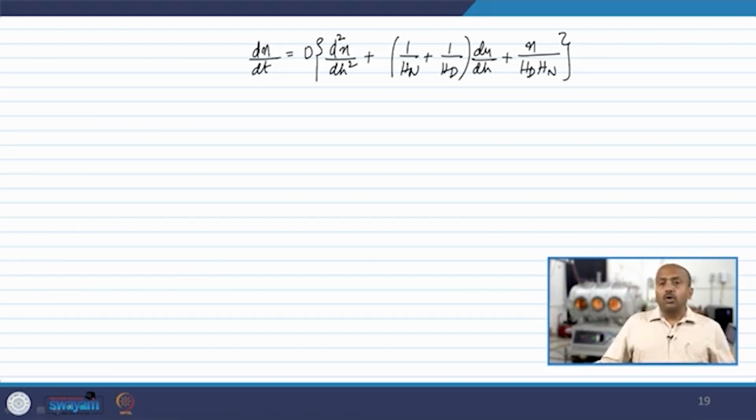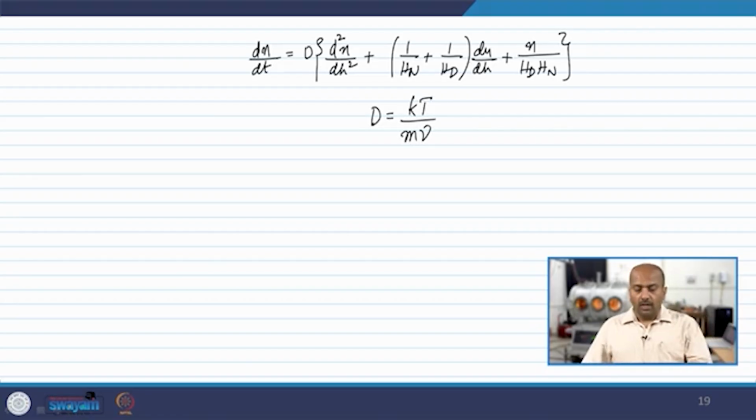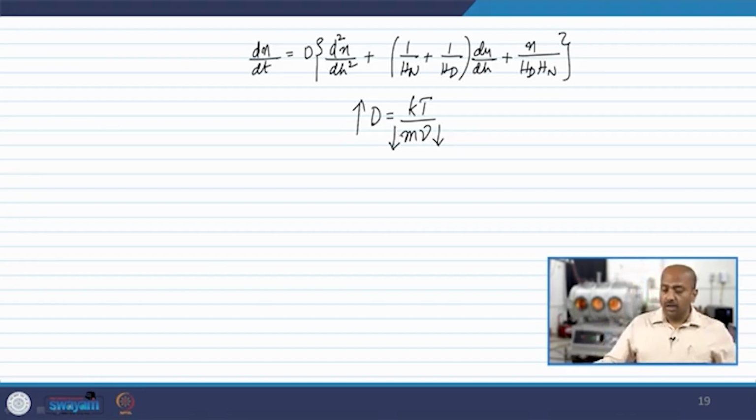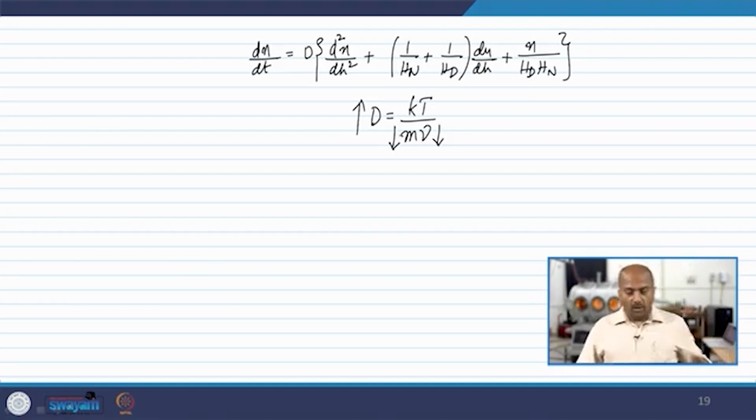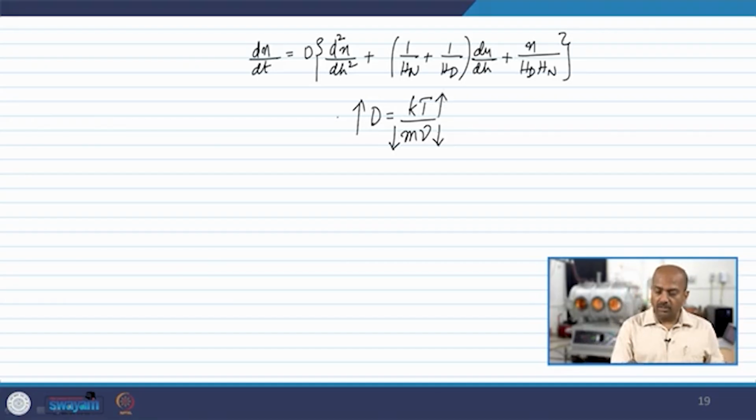The most important consequence of this relation is we should remember the diffusion coefficient as kT by m nu. You see, the diffusion coefficient will be higher if you have lower collisions, right, and for lower masses the diffusion coefficient will be larger, or for larger temperatures the diffusion will be larger, right.